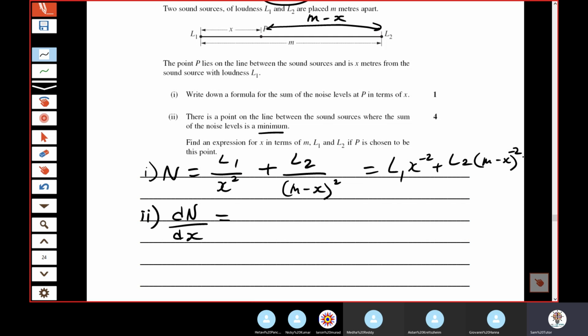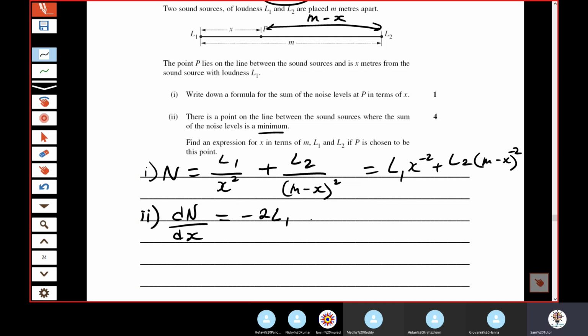dN on dx. Let's do it. -2. We'll bring the -2 down, right? L1 up. Why is it hard? All letters. Right? There's no numbers. That's why it's hard.